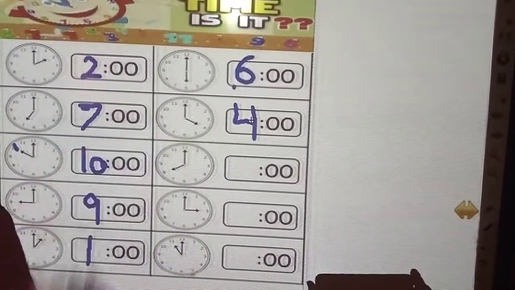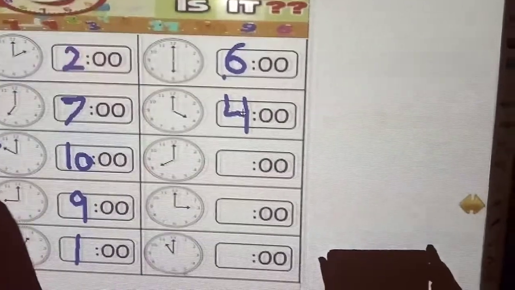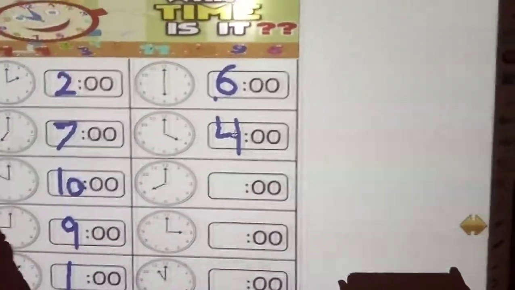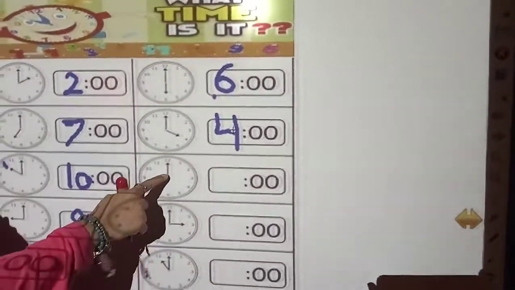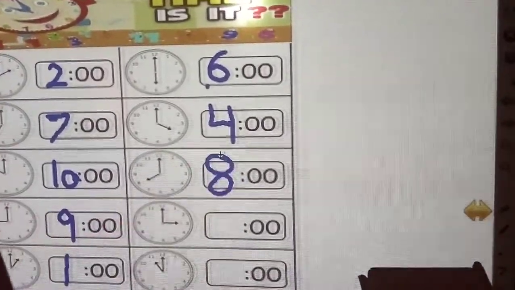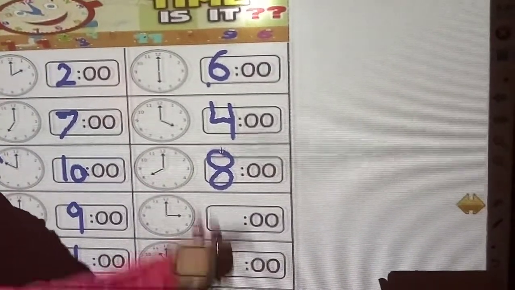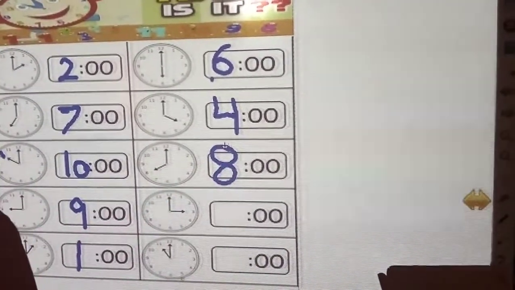And the long hand points to 12, means 4 o'clock. Number 8, the short hand points to 8. And the long hand points to 12, means 8 o'clock.